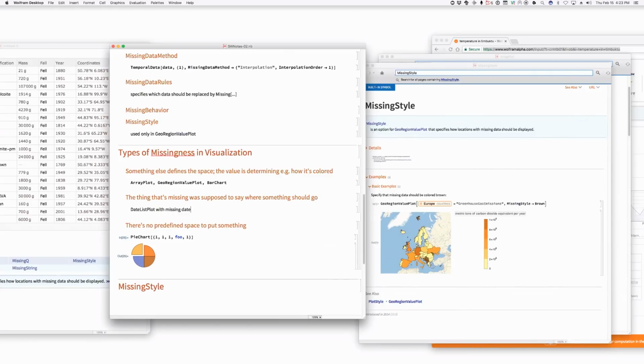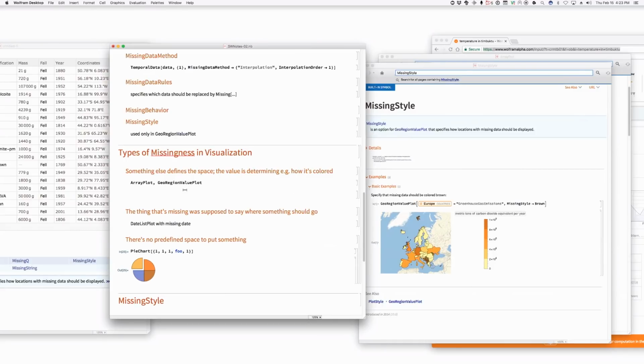In the case of array plot and georegion value plot, if the value is missing, that's just a styling for a region, right? The region is entirely defined whether or not the value is missing. There's a subcase here, which is in inferred X value cases, e.g. lists of values.